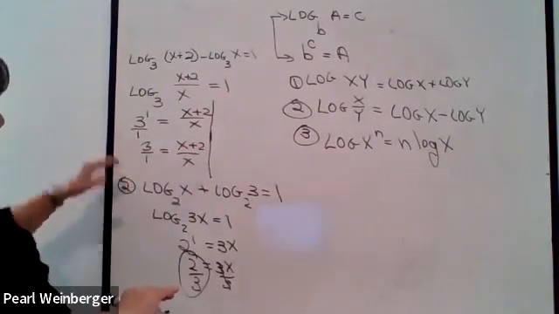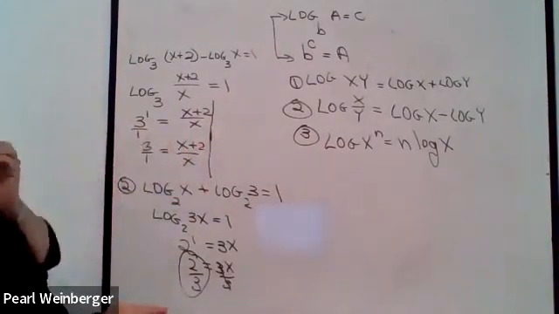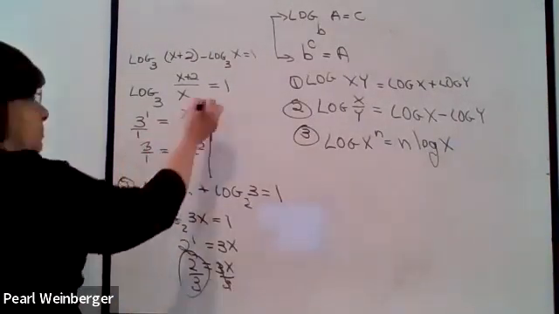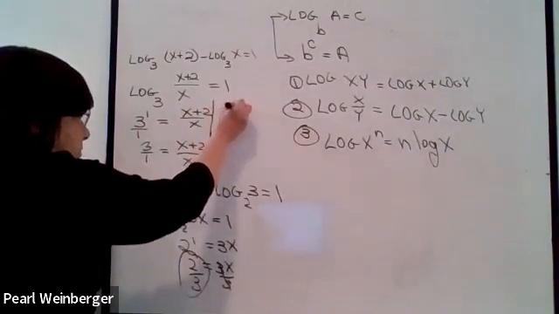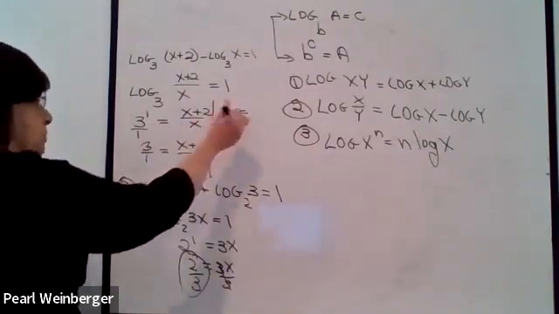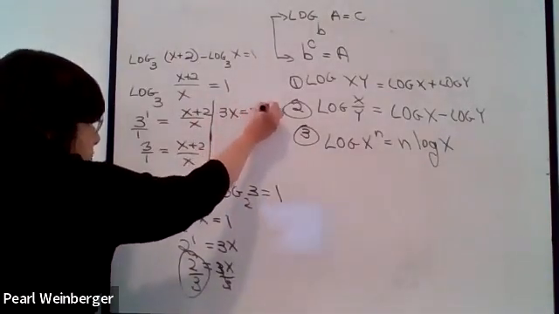And this is just a regular, what we call a proportion. We cross multiply. 3 times x is 3x. We've learned how to do these kinds of equations. Equals 1 times x plus 2, which is x plus 2.